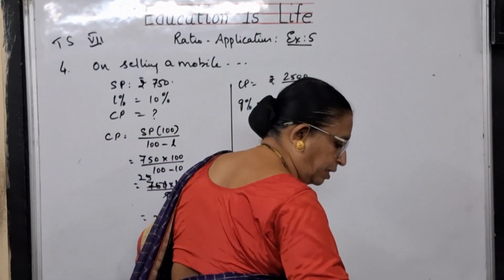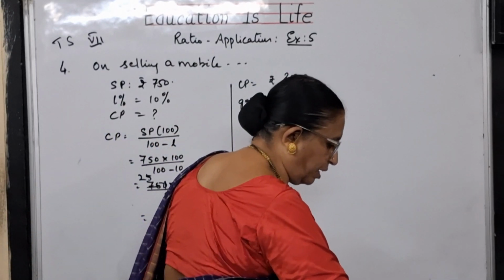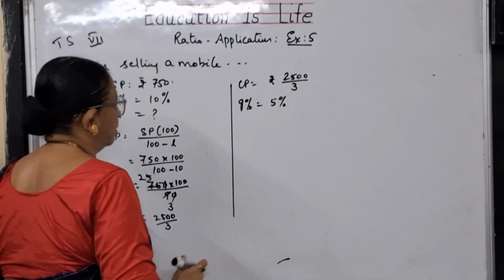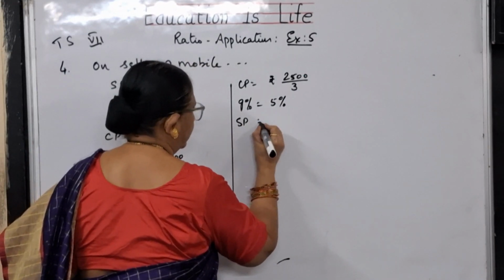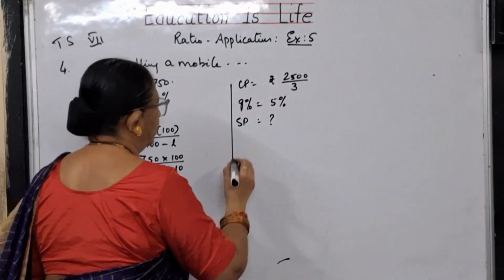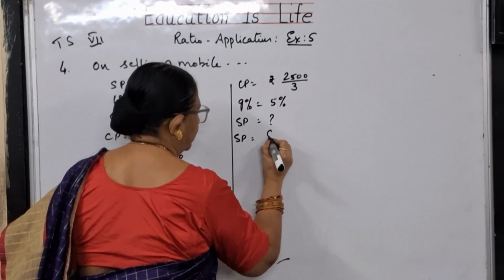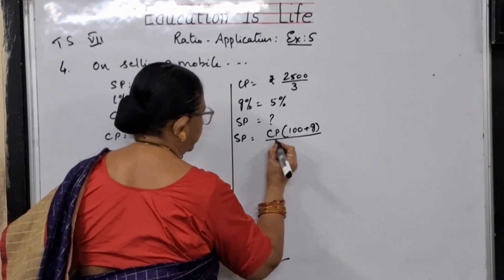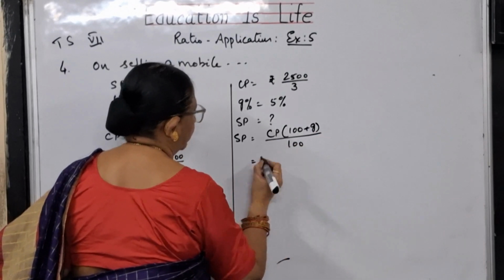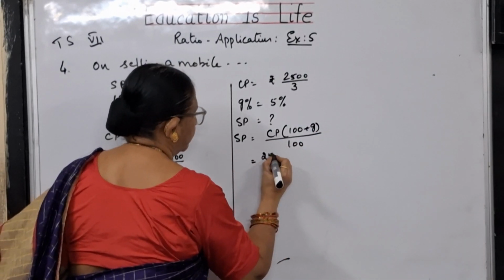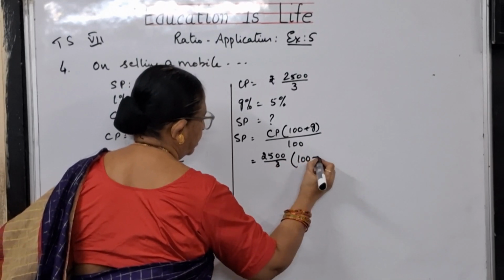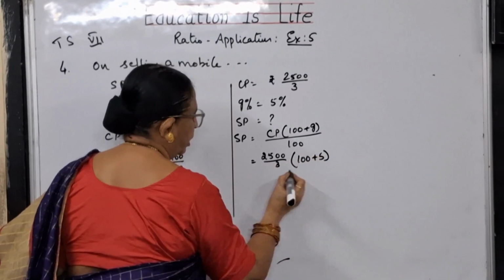The problem says: for what amount should he sell it to get a gain of 5%? So gain is 5%. So what is the selling price? Selling price is equal to cost price into 100 plus gain by 100. So what is cost price? 2500 by 3 into 100 plus gain 5 by 100.